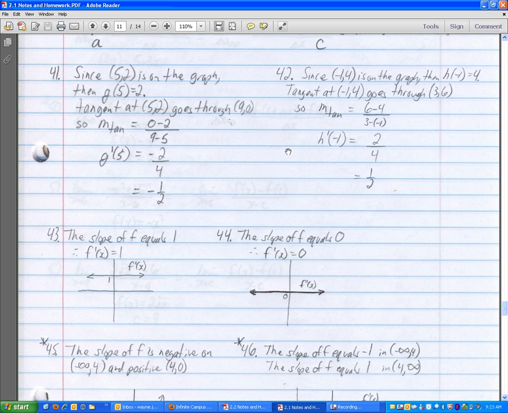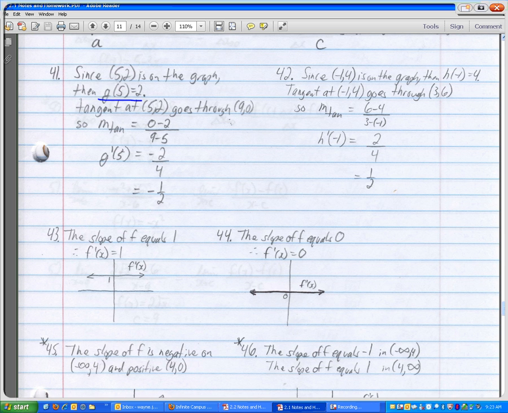Here's where you have to understand what a notation's telling you. If 5, 2 is a point on the graph, that means whenever x equals 5, y equals 2. Saying that g of 5 equals 2 is another way of saying that.